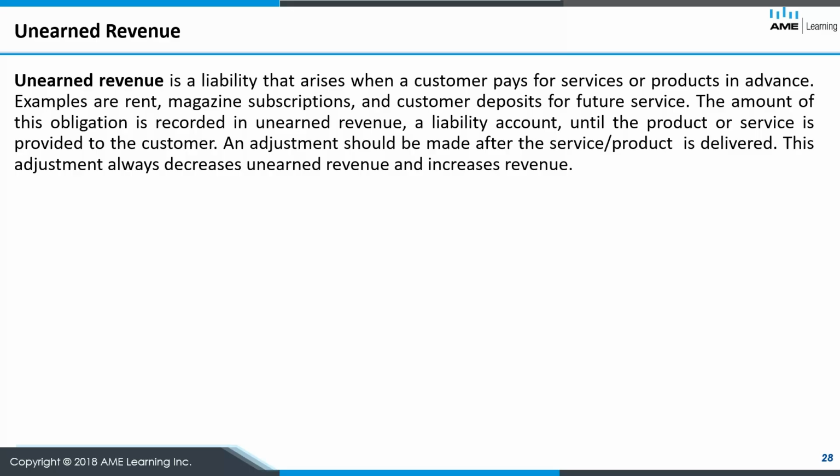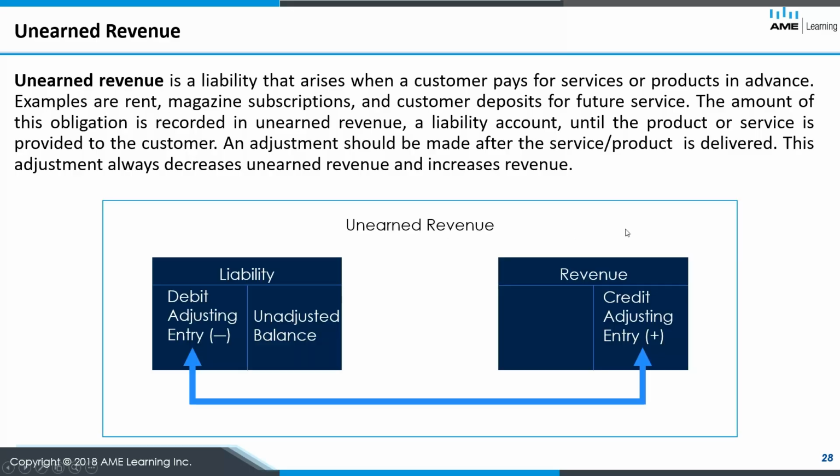Then we have ownership of that prepayment, and the cash in those bank accounts is now ours. The adjusting entry that we would do to cause that to happen is to debit the liability of unearned revenue to reduce it, and then credit revenue to increase revenue. Basically, like I said, changing the liability to revenue as we earn it.